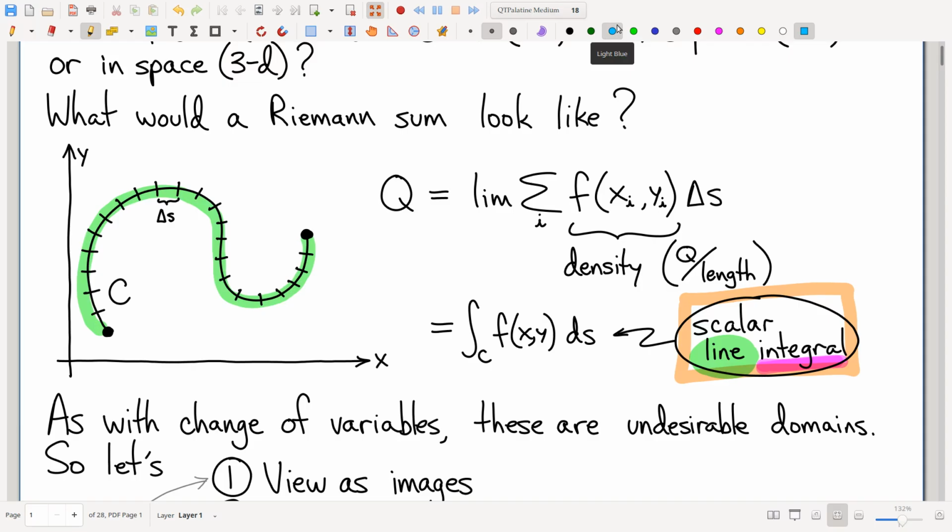Here's the really not obvious part. Why do we call this a scalar line integral? Very not obvious. You won't be able to see this coming. The reason we call this a scalar line integral is it turns out there is another, I think, importantly different kind of line integral.